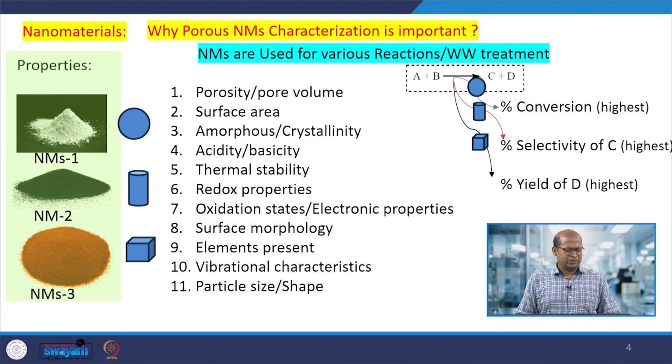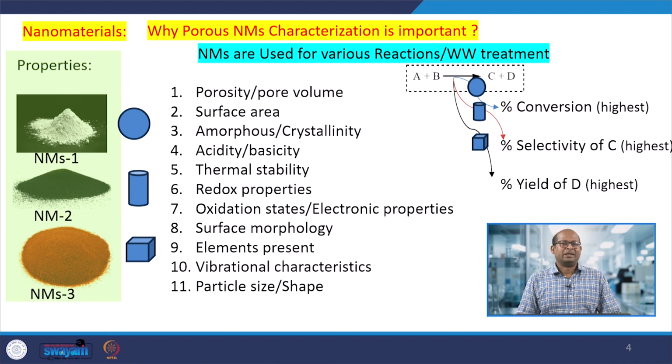The materials we synthesize may be porous, with micropores, mesopores, or macropores present, or may have low or high surface area, or be crystalline or amorphous. They may have acidic or basic strength or properties, thermal stability, redox properties, oxidation state, electronic property, surface morphology, and elements present, which are also very important.